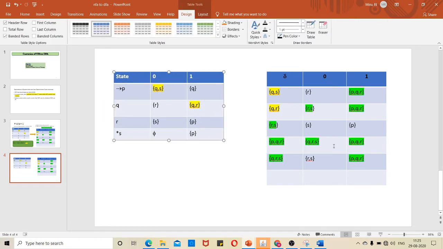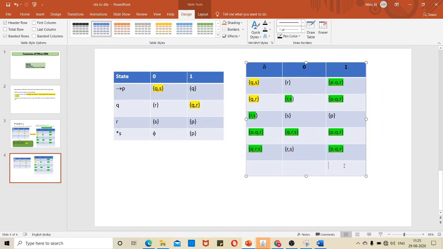So what happened is here, we can make another more thing, 1 2 3 4. So 1 2 3 4.